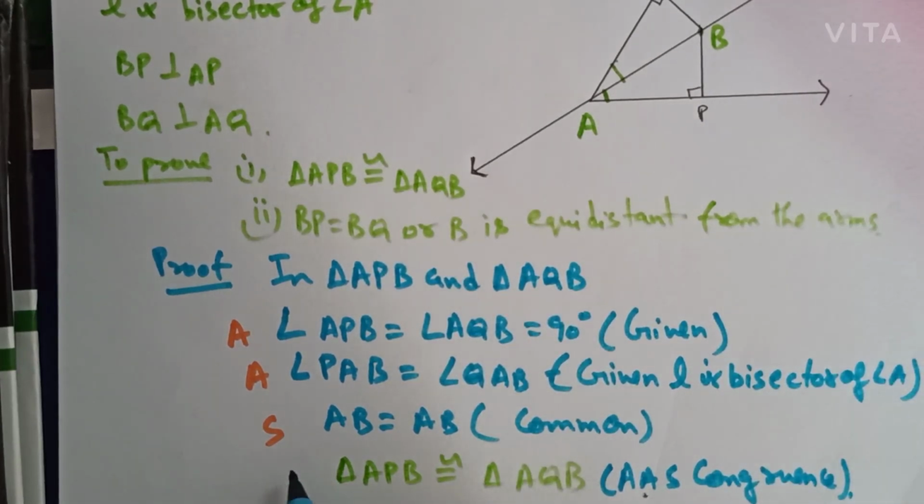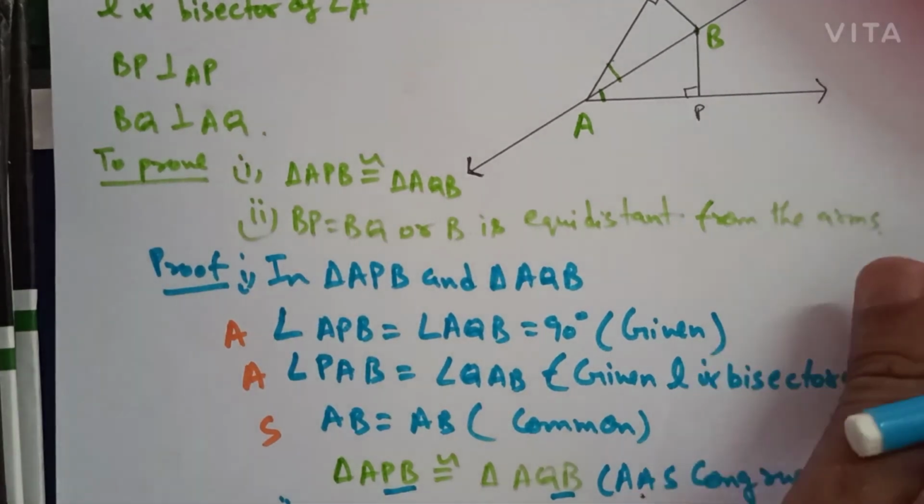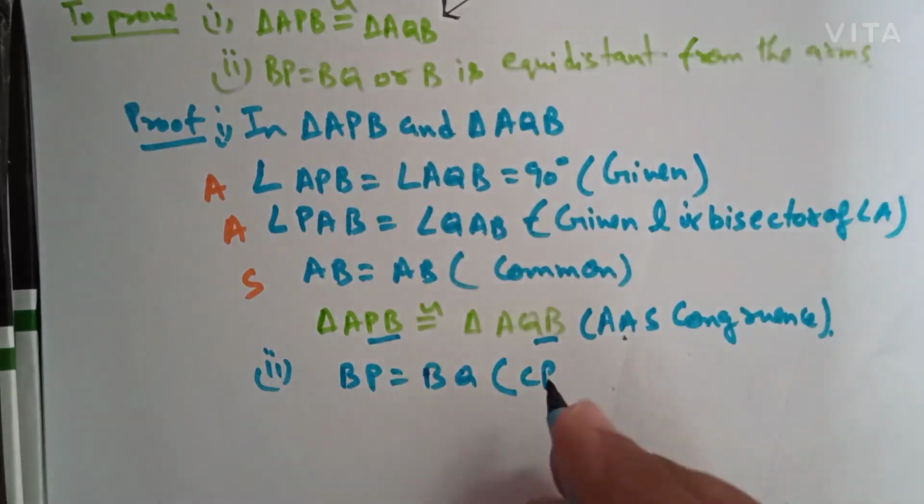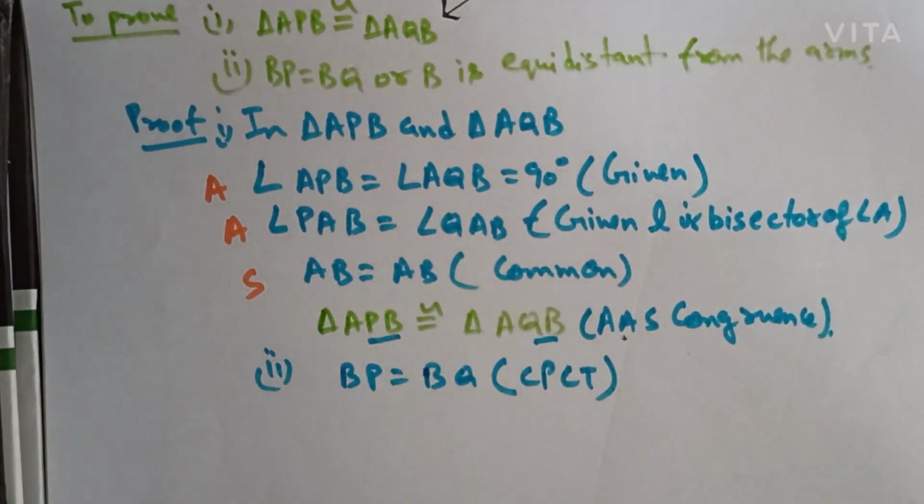Now the second part can be proved. BP is equal to BQ. BP and BQ are the corresponding parts or corresponding sides of the congruent triangles. So we can write BP is equal to BQ by CPCT.